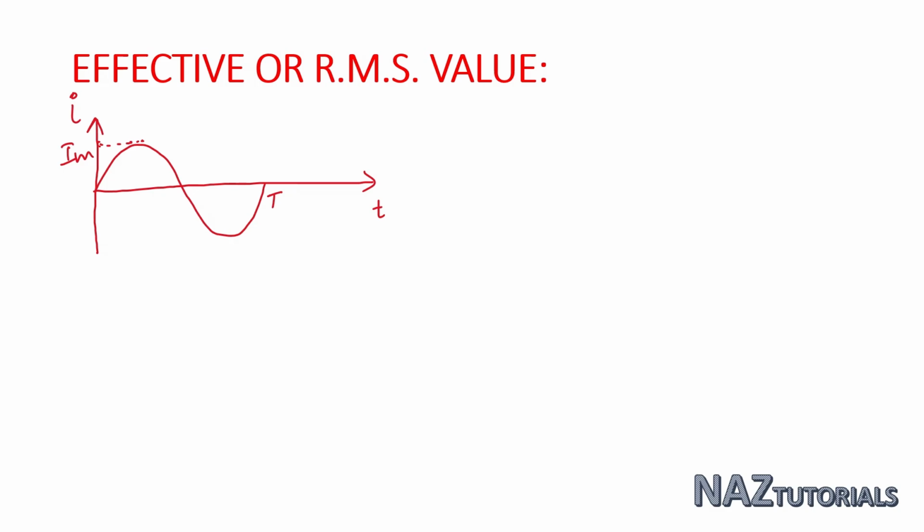This is our sinusoidal waveform of current. To calculate the heating effect, our heating effect is I square into R if you connect this AC to a resistive load.